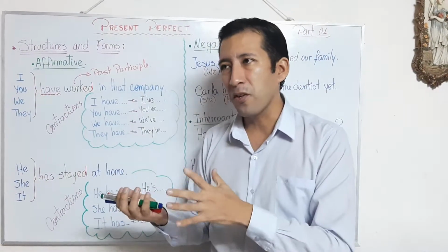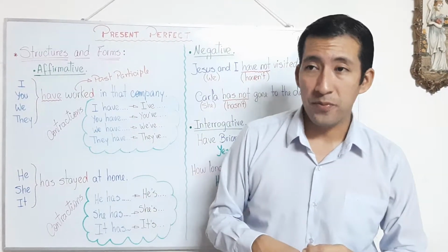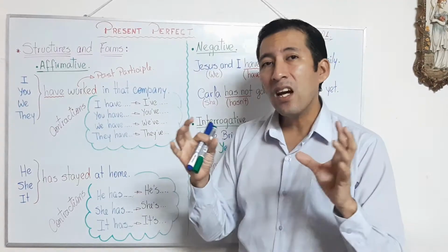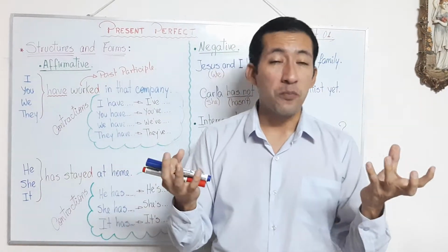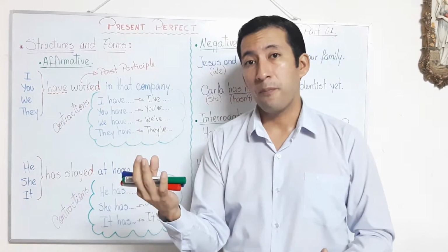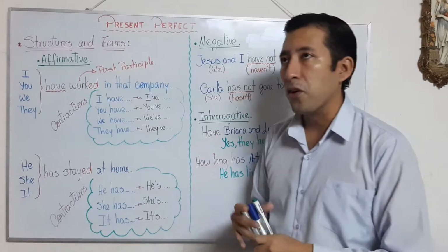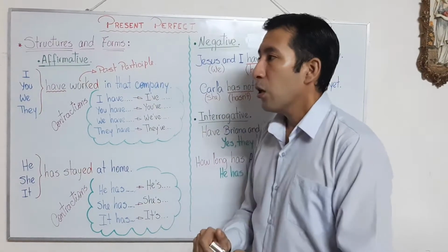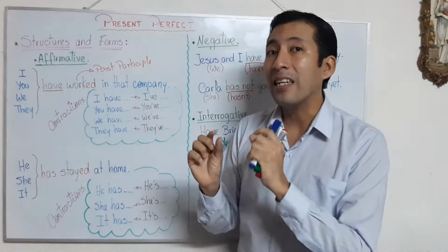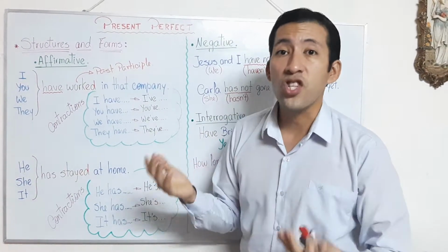Also, we need to remember that the use of the past participle is similar to the use of the past of verbs. Why? Because they are classified in two main groups, regular verbs and irregular verbs. When we talk about the past of the verbs, we have ed at the end of regular verbs, and irregular verbs have their own changes.